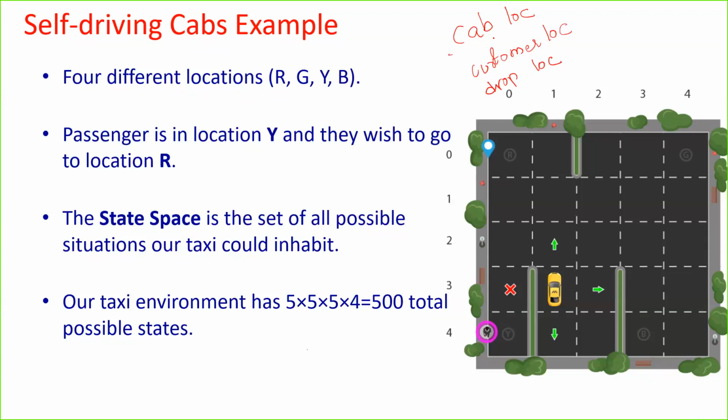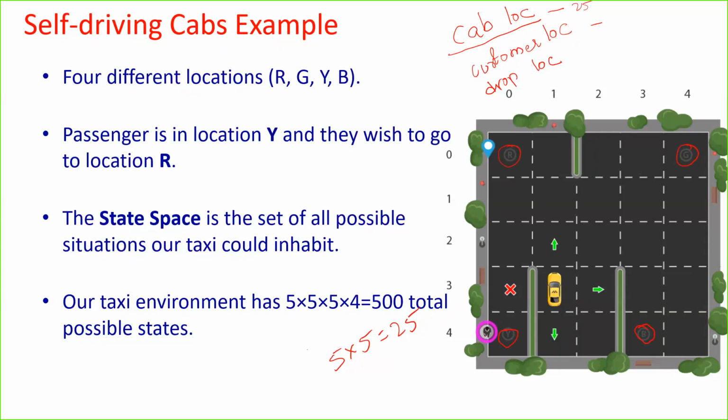How many possibilities for the cab location in a 5x5 grid? 25 possible locations. The cab can be at any of these 25 locations, right? And what are the possible locations for the customer? He can be at any of these 4 locations, plus he can be inside the cab as well.